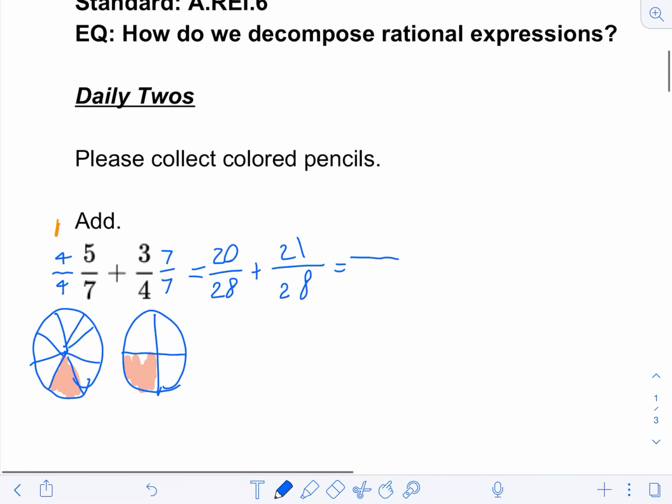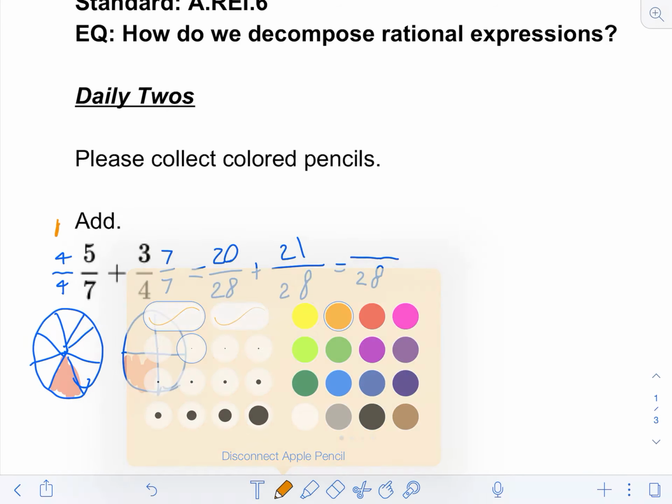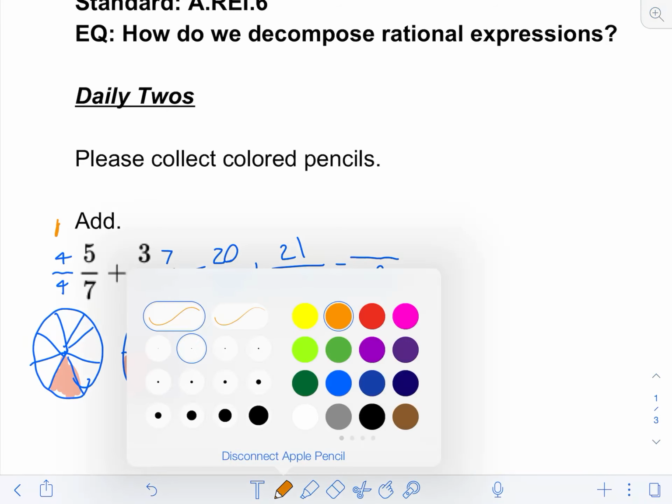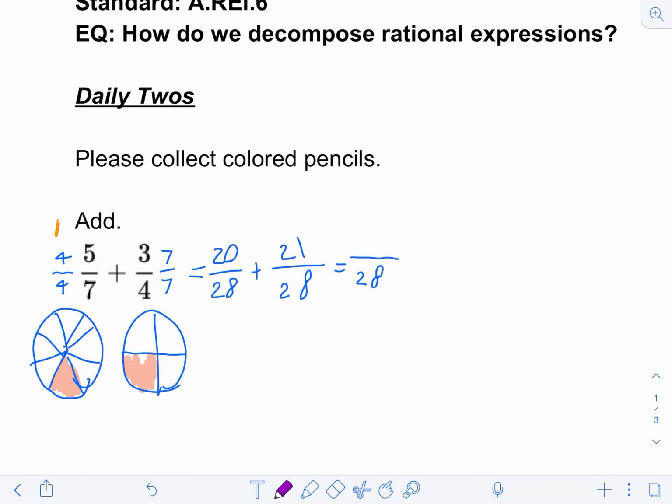Because again, the denominators are how the pizza is cut, if you think about it in terms of pizza. We now have a pizza that's cut into 28 slices. And what that means over here to the pizzas that I actually drew, let me just use purple, is that I took each of these 4 slices in the pizza that's cut into 4, and I cut them into 7 slices.